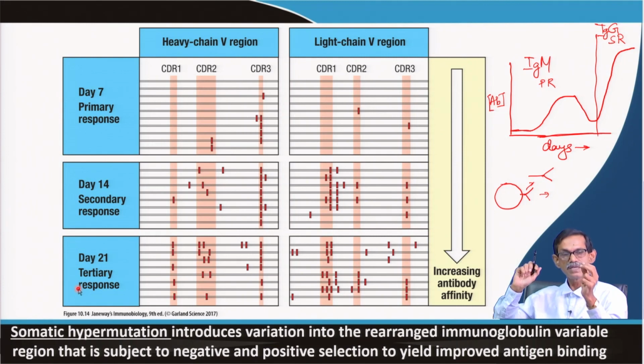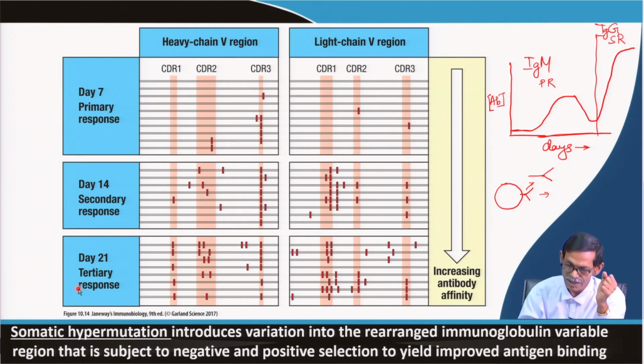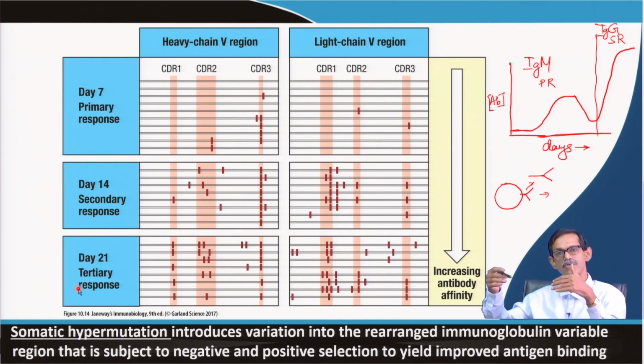If a B cell gets a mutation which reduces the efficiency or the specificity, that will also be of no use. Our immune system needs better quality antibody which can bind better. So, as a result, if you see with time, as more and more infection happens, the affinity of the antibody towards the antigen is increasing, and that is because the CDR is getting mutated.